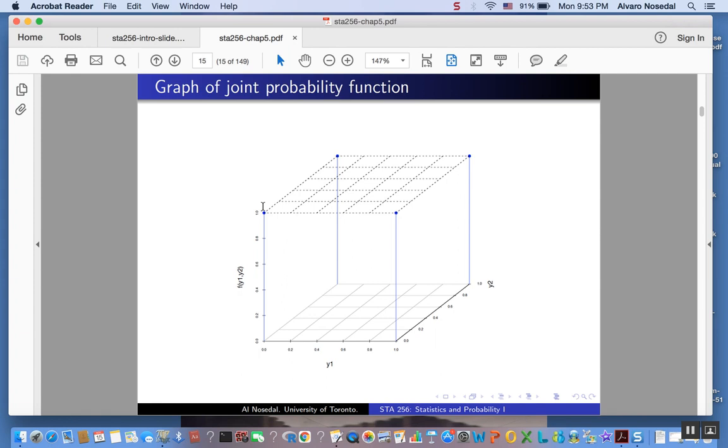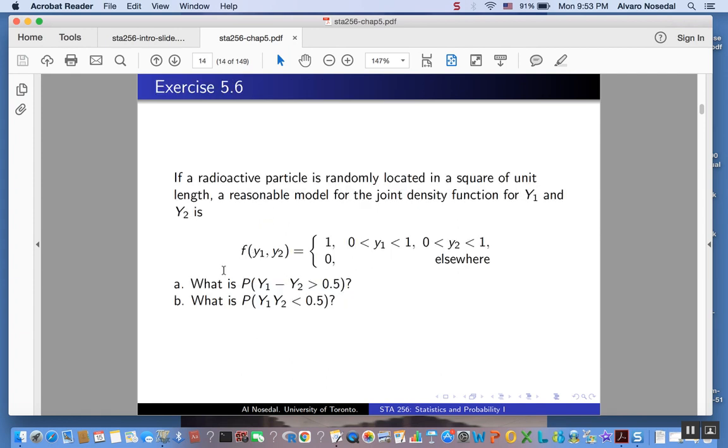Okay, so it satisfies both conditions of a legit joint probability density function. Okay, now let's try and solve the first problem.